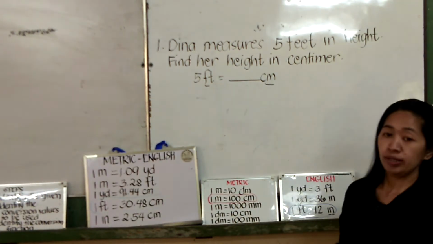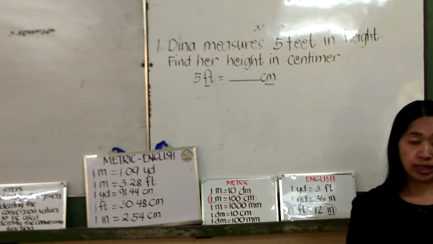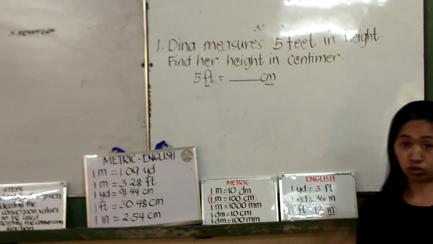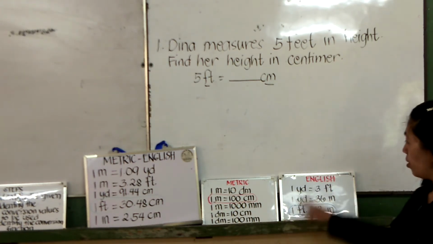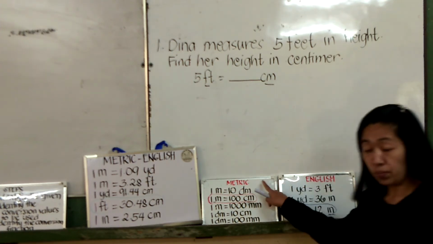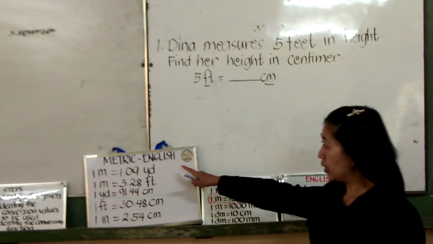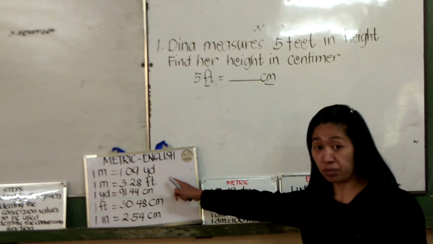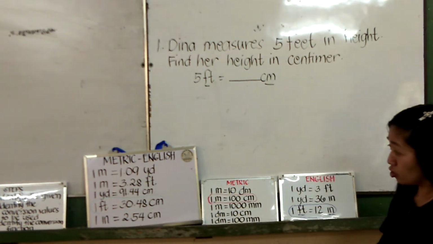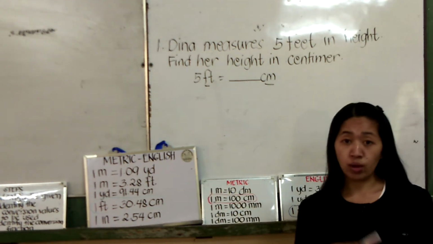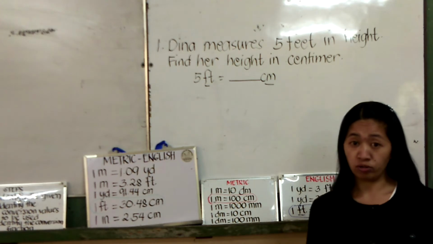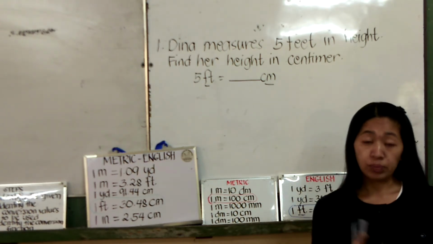Okay, so in your module, you can find there your conversion tables, maybe in English, your metric, or both English and metric systems of measurement. Procedure number 2 says to identify what conversion values to be used.